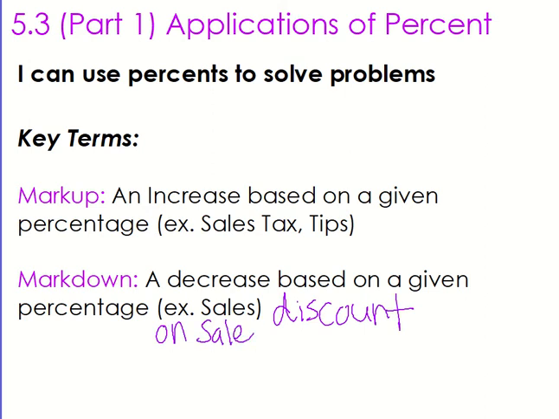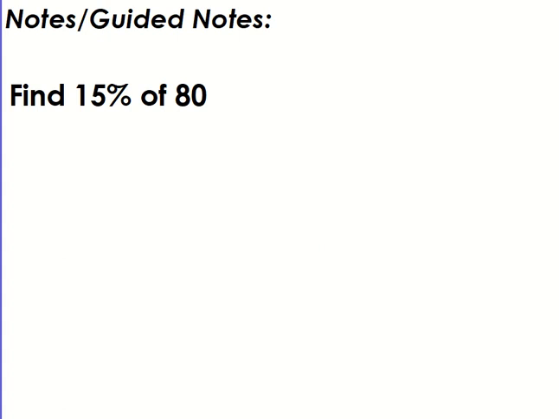All right. So we're just going to remind ourselves of how we find percentages of any number, right? So of meaning multiply. And remember, when we need to multiply, we need to change our percentage to a decimal. And then we're going to multiply by 80.